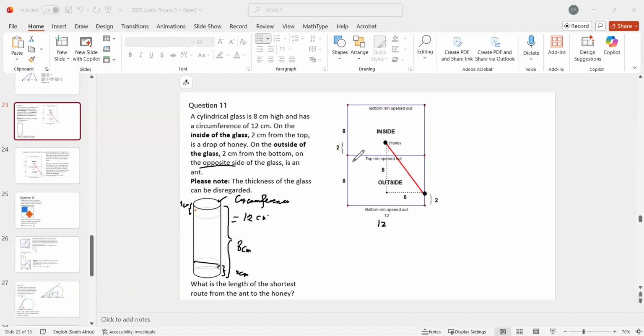So what I do is, the inside is taken, but we're turning it upside down. We open this thing out and turn it upside down because here is the honey. The honey is here. It's 2 centimeters from the top.